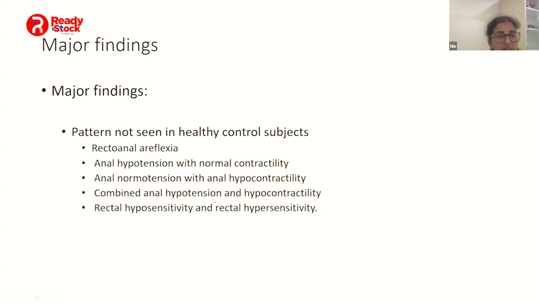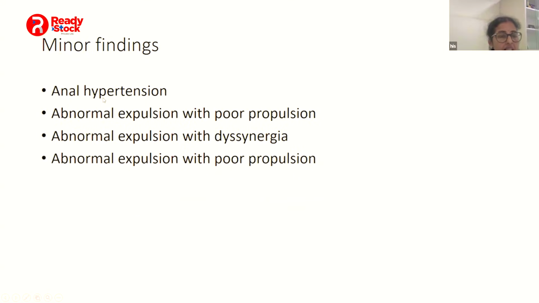This has to be very carefully elicited. These are the minor findings. Like I said, elevated resting basal pressures one has to be taken with clinical context. Abnormal expulsion with propulsion and abnormal expulsion with dyssynergia.